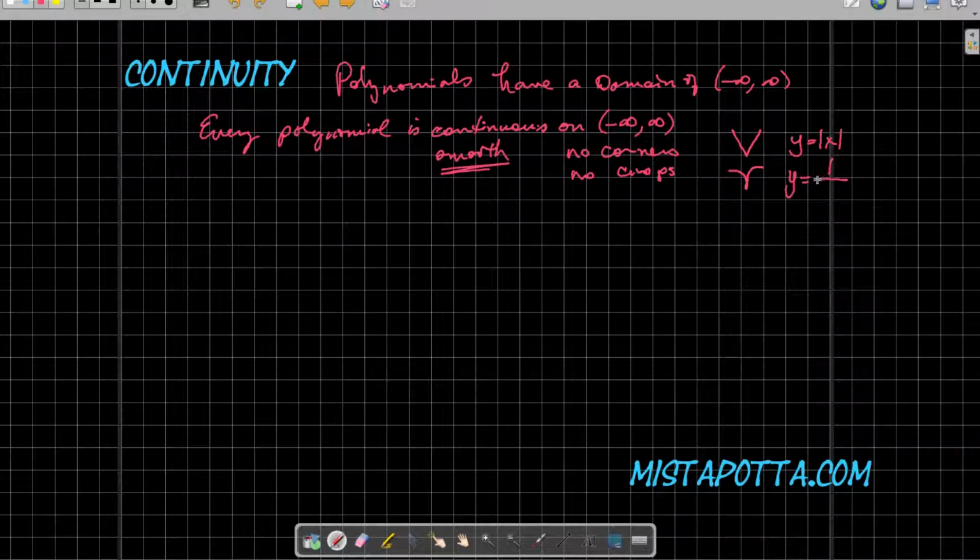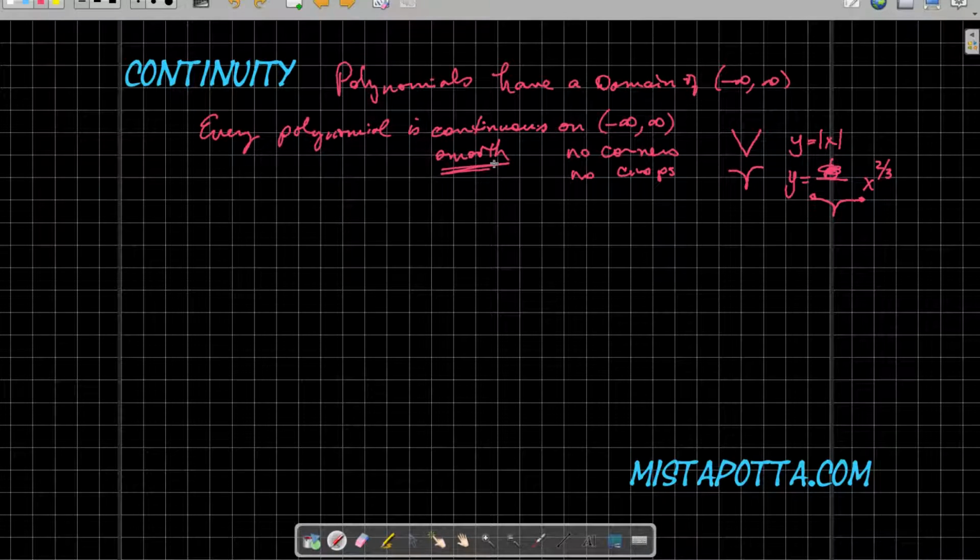I can think of y equals maybe x to the 2/3 power, which is going to be a function that's going to be like this. So functions like this that have this basic curve to it or these corners to it, those are not considered smooth because they have kinks in them.